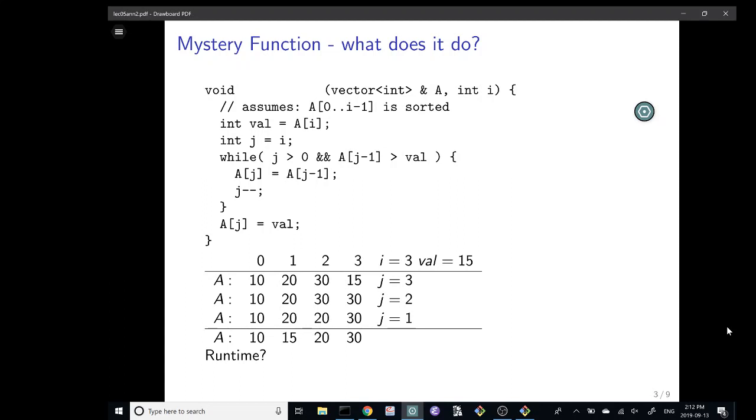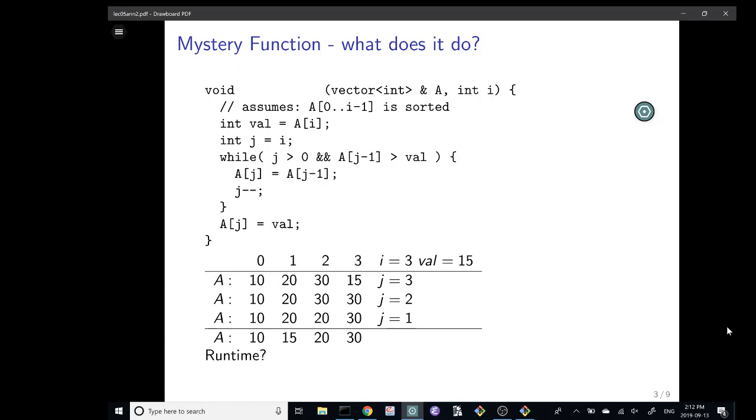One way to think about what this code does, and I encourage you to do this when you want to understand code, even when you're sitting in a final exam and you don't feel like you have time to write anything down, is to write down a little example.